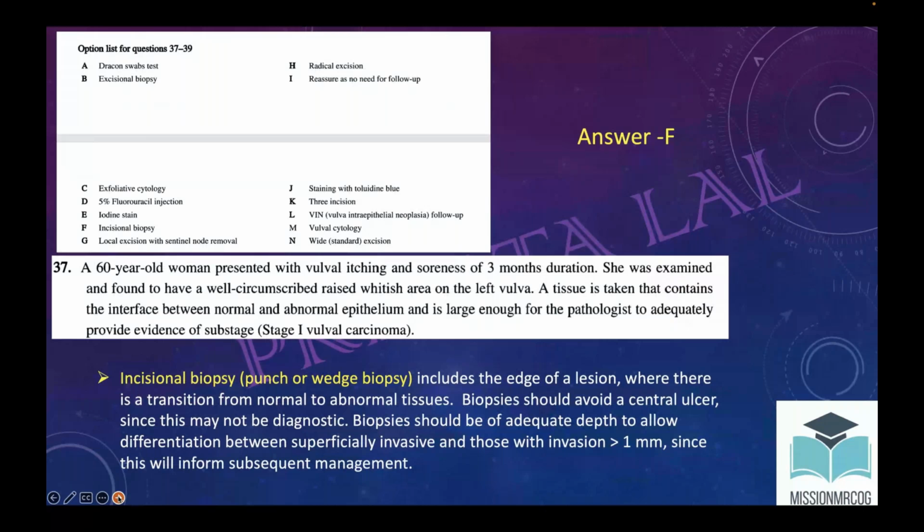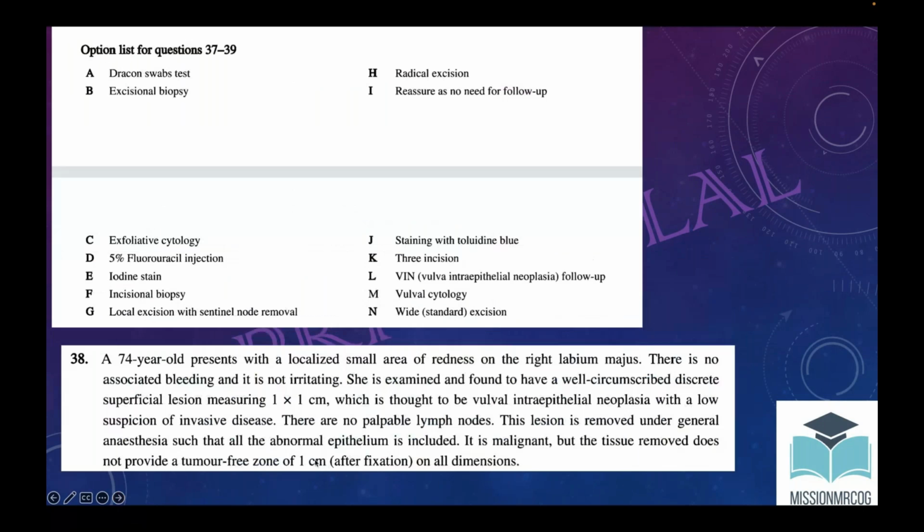Now, a 74-year-old woman with a small area on the right labia majora, not irritating, a well circumscribed 1 by 1 centimeter lesion with VIN and low suspicion of invasive disease, no palpable lymph node. The lesion is removed.